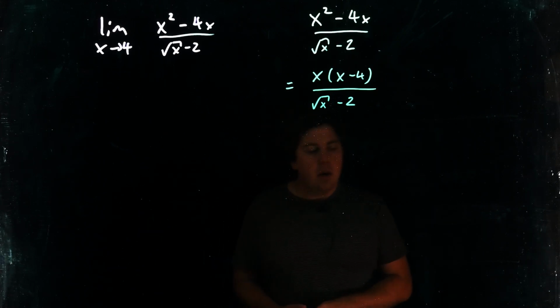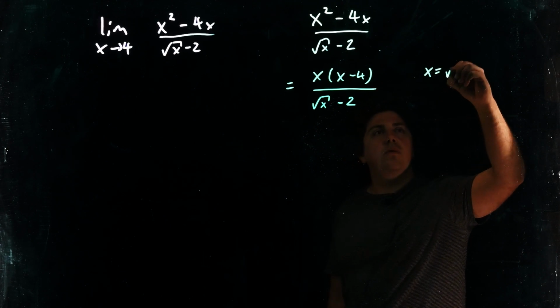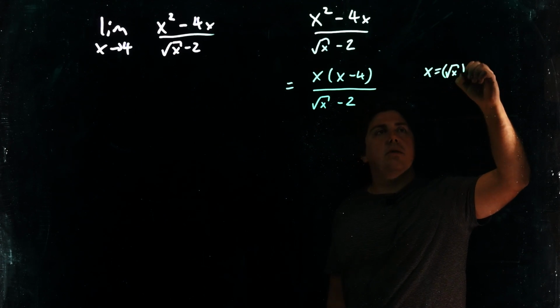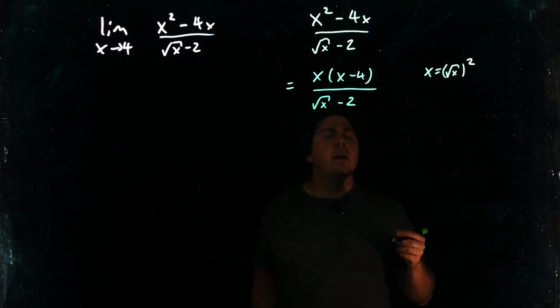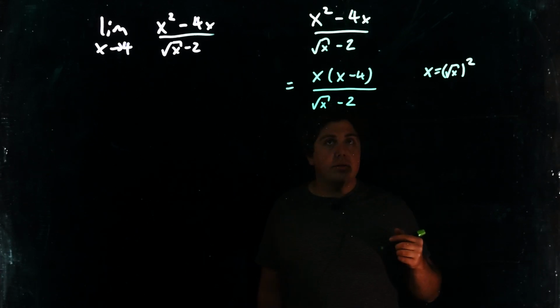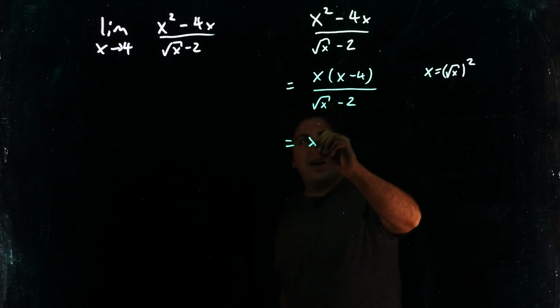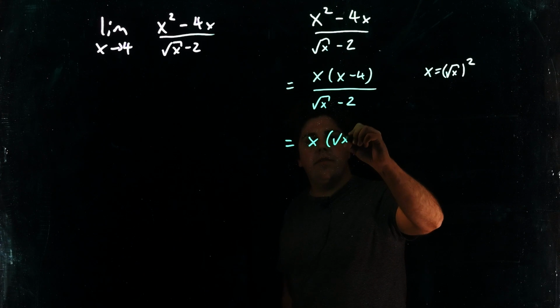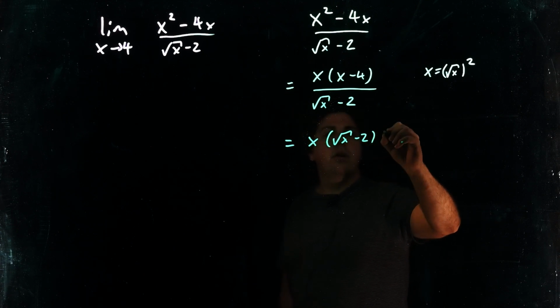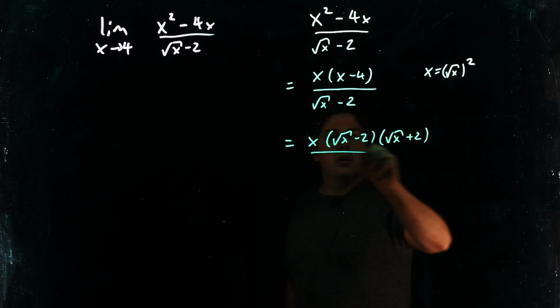Well, one cute thing here is note that x is equal to the square root of x squared. So indeed, the top is actually a difference of squares. x minus 4 can actually be rewritten as the square root of x minus 2 times the square root of x plus 2.